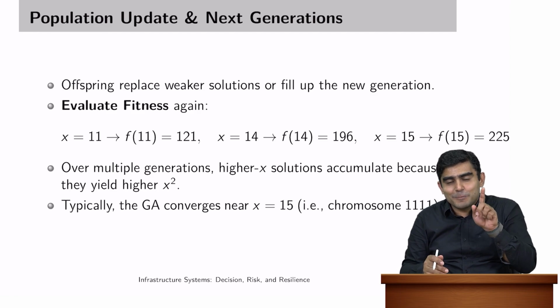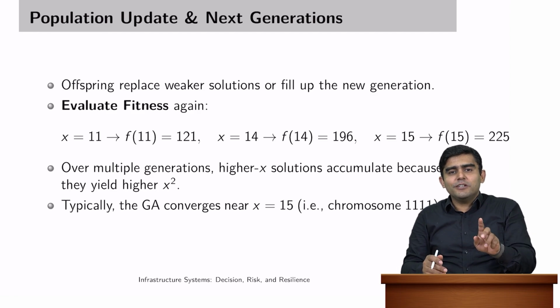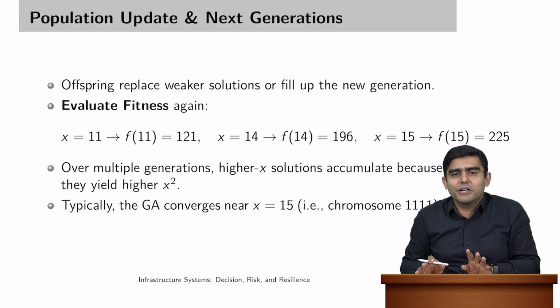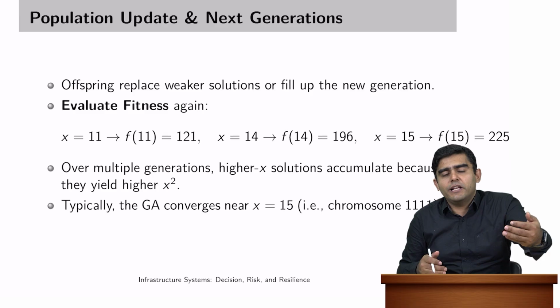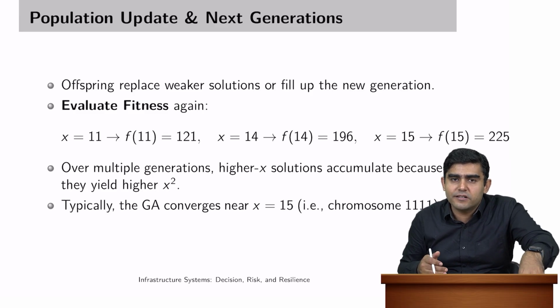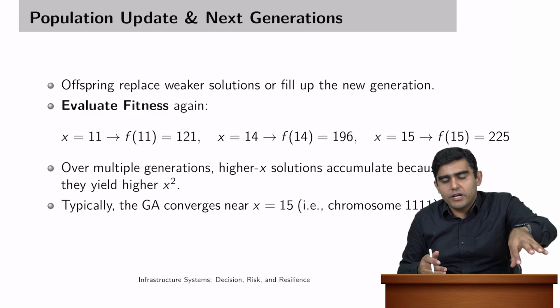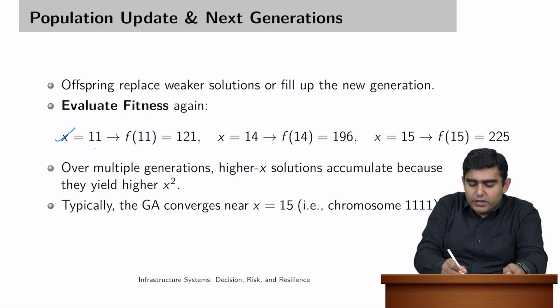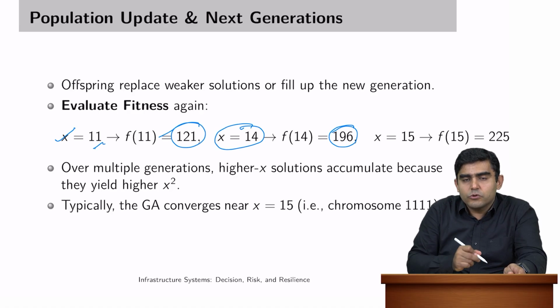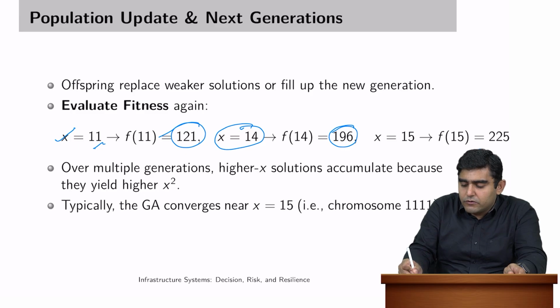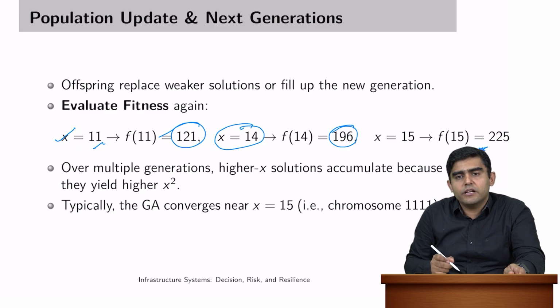Again, it's a nature inspired solution, not just the natural solution, because in nature, if a gene mutates, it will of course take a newer value, but here we retain the offspring's original values as well as the mutated values. So x equal to 11 gives us a score of 121, x equal to 14 gives us a score of 196, and x equal to 15 gives us a score of 225.